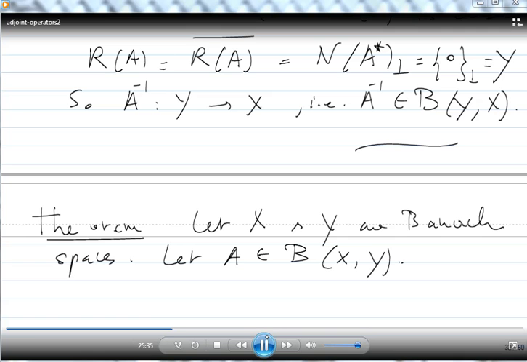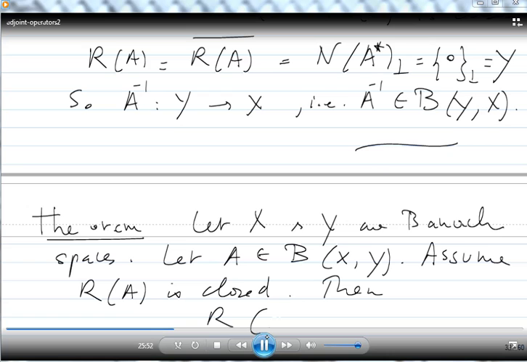Assume R of A is closed in Y. Then R of A star is equal to N of A orthogonal.